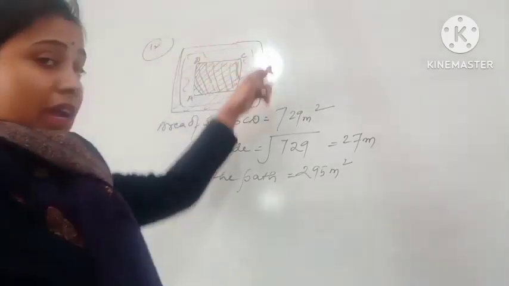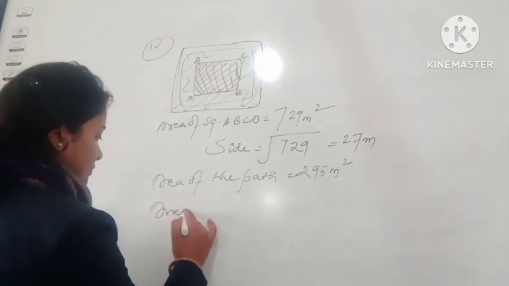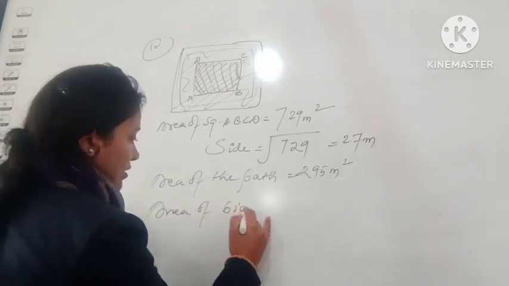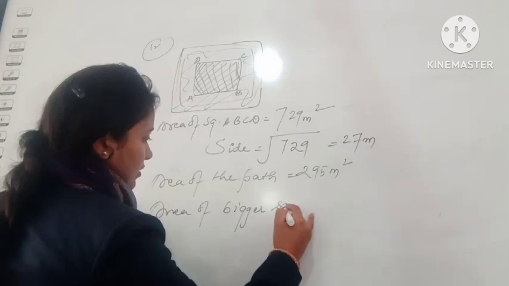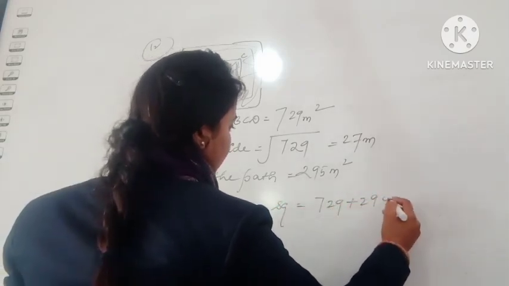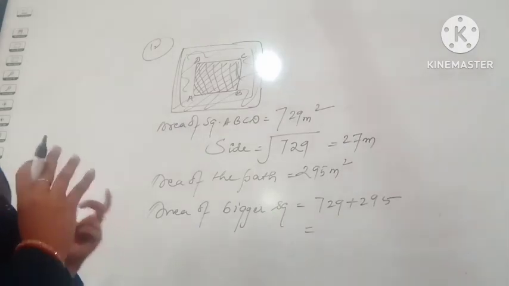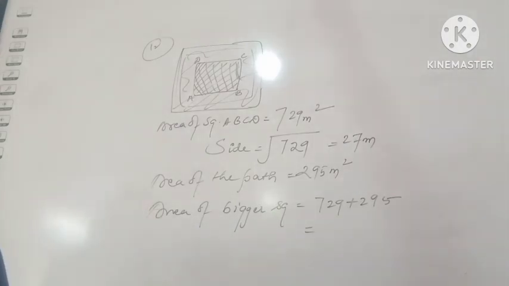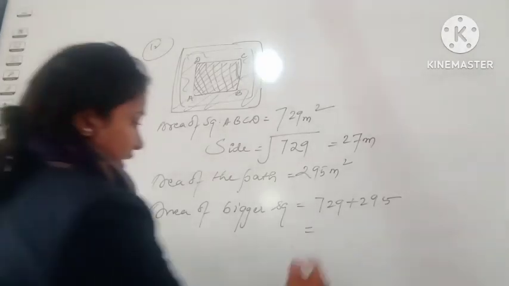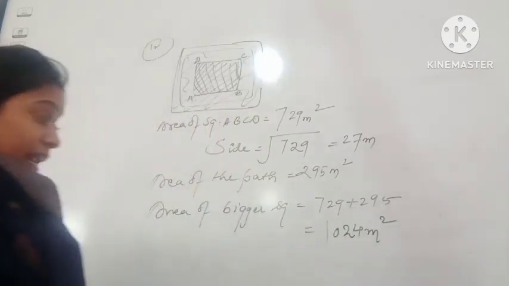Okay, so area of bigger square is equal to 729 plus 295. This bigger square has enclosed this square lawn plus the path. So that comes out to be 1024 meters square, area of bigger square. So we can easily find out the side.